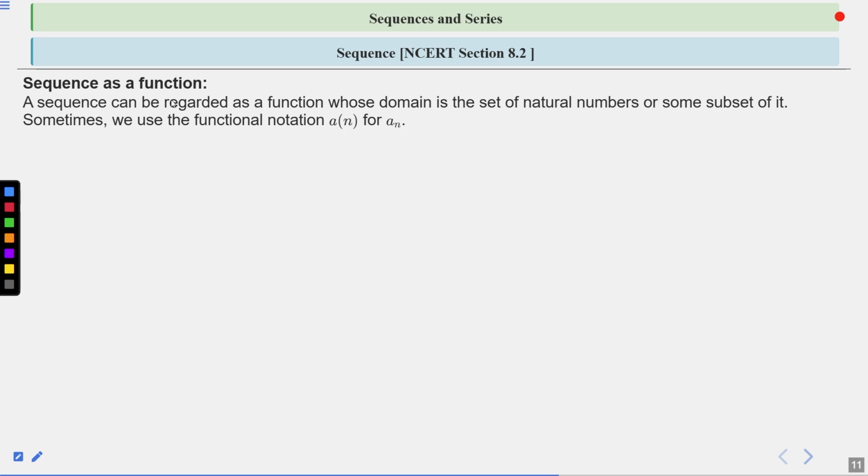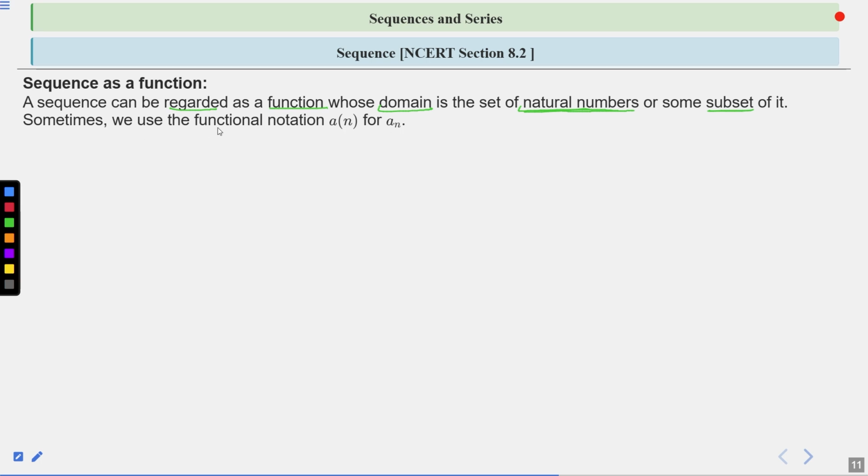So a sequence can be regarded as a function whose domain is the set of natural numbers. In this case, for sequences, the domain is going to be the set of all natural numbers, or sometimes, depending on how we are describing it, some subset of it. Clear?